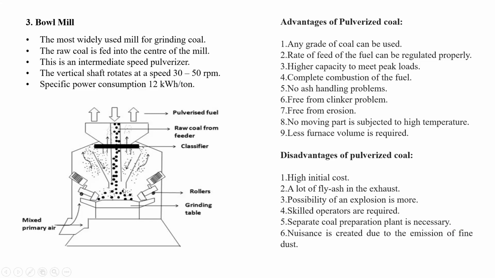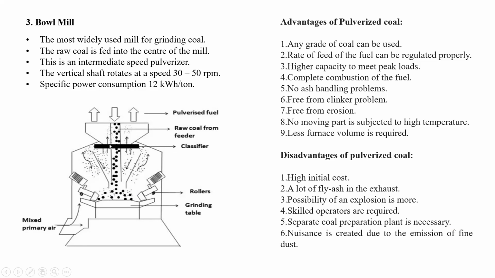When the coal comes between the roller and the grinding table, it is crushed to a fine size, and this fine coal flows upward through the classifiers. You are seeing these classifiers here.